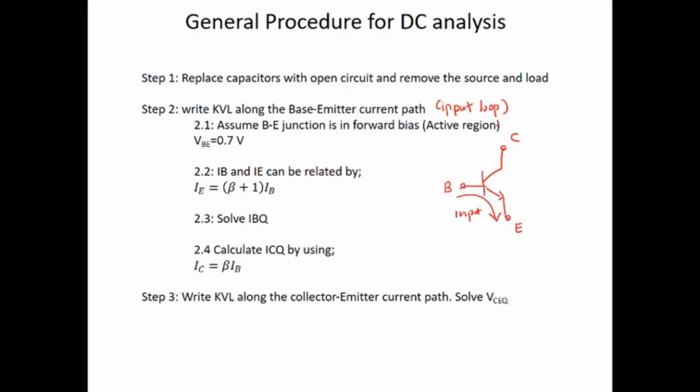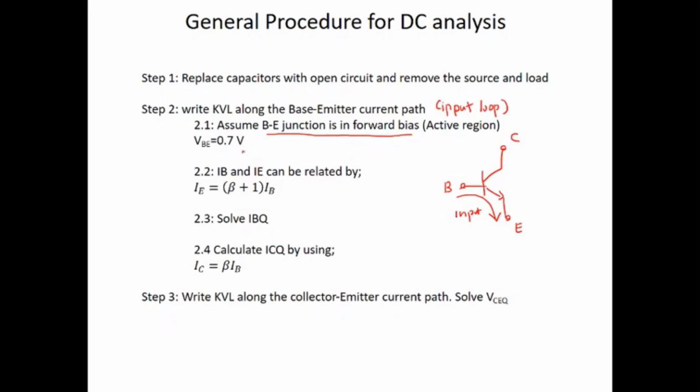The condition for the active region is the base emitter junction is forward bias. So we will always assume VBE is equal to 0.7 volt.